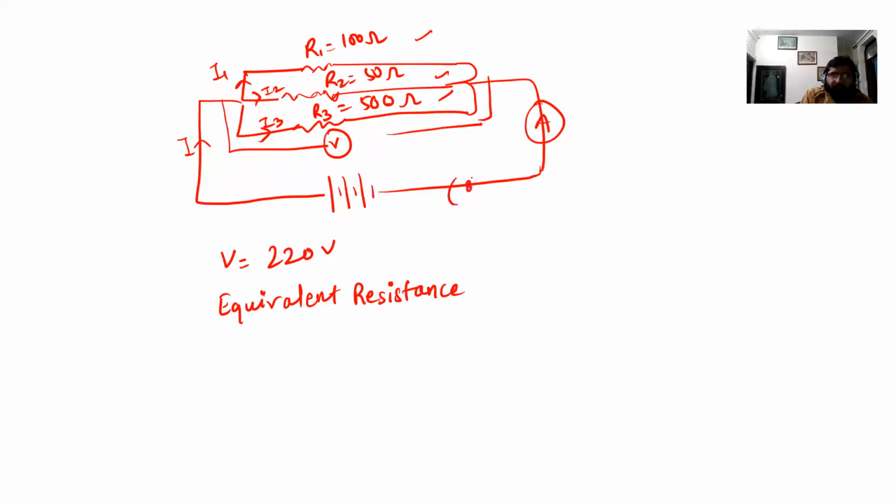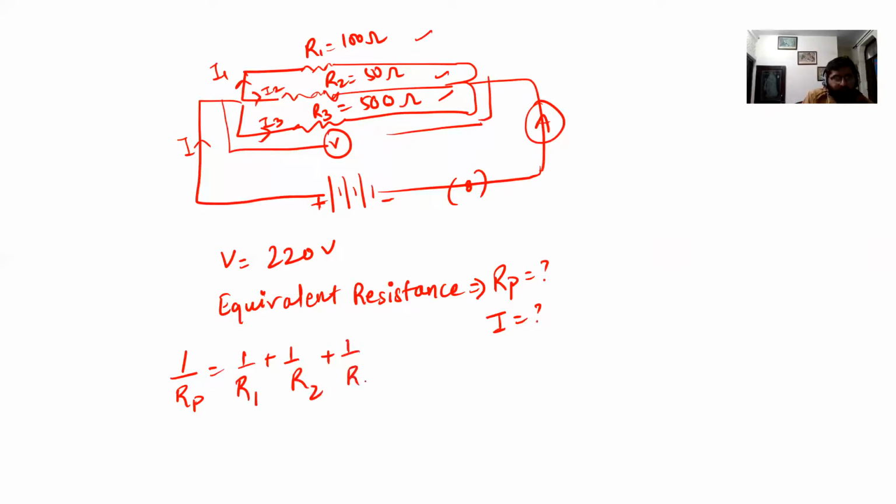Because it is a parallel connection, I need to determine the equivalent resistance Rp and the current in the circuit I. How can it be determined? By using the formula for a parallel combination: 1 upon Rp is equal to 1 upon R1 plus 1 upon R2 plus 1 upon R3.